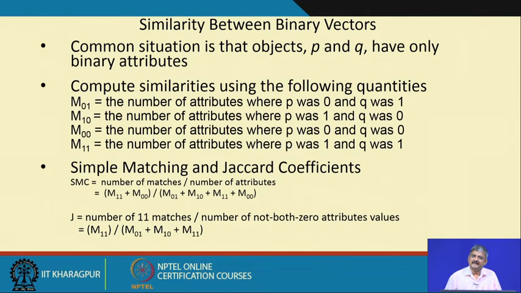If these values are binary, you can treat them as sets, and you can say the number of matches divided by the total number of attributes, the number of attributes which are common. It can be shown that this is equivalent to cosine similarity if we consider binary vectors. Basically, the number of attributes where they are 1 in both the vectors.